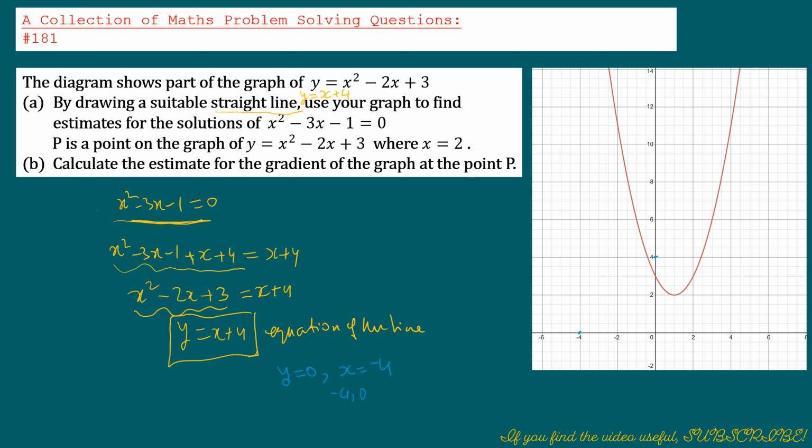And then we need another point. If I say x equals 1, then y equals 5. So 1, 5 would be the third point. So 1 would be here and 5 would be this. Then 1, 5 would be here.